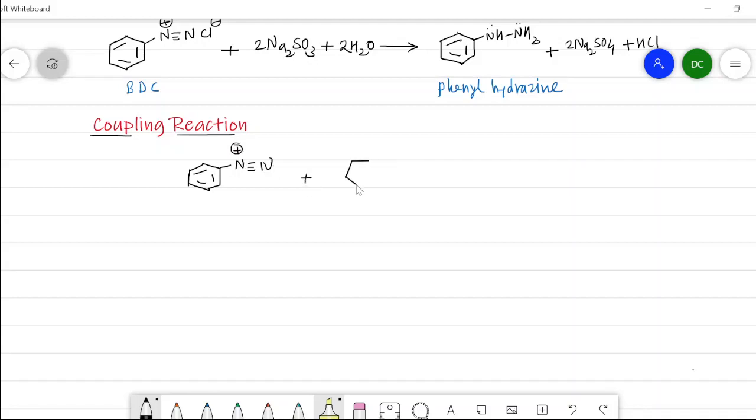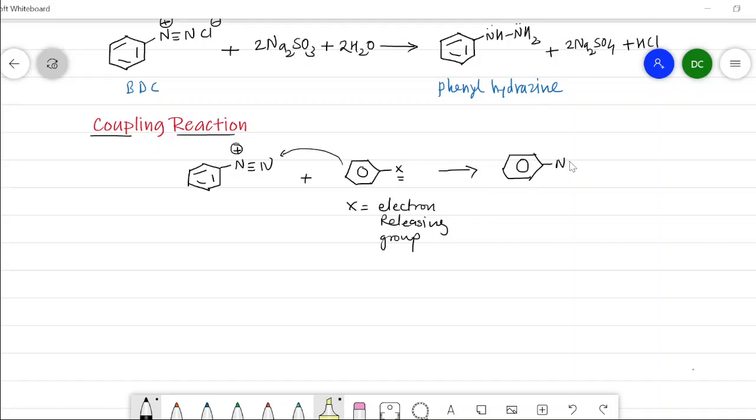reactive aromatic compound. It means the aromatic compound possesses a substituent X, which is an electron releasing group, or electron donating group, so this aromatic compound is going to combine with the benzene diazonium cation at the para position, and we get this type of compound.